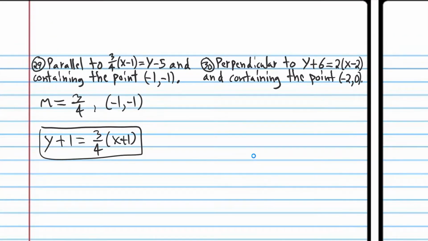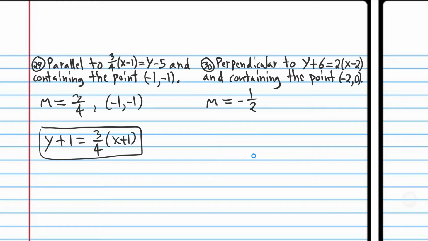Try number 30. When you come back, we'll do it together. All right, we're back. So the slope of our line is going to be negative 1/2. How do I know that? Because the slope of this line is 2. How do I know that? Because this is point-slope form, which means this number is the slope. So 2 over 1 is the slope, so I switch it so it's 1 over 2, and I change the sign.